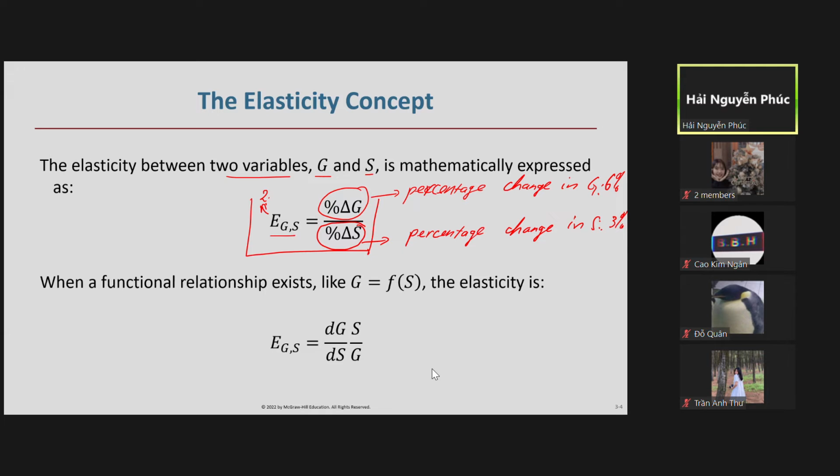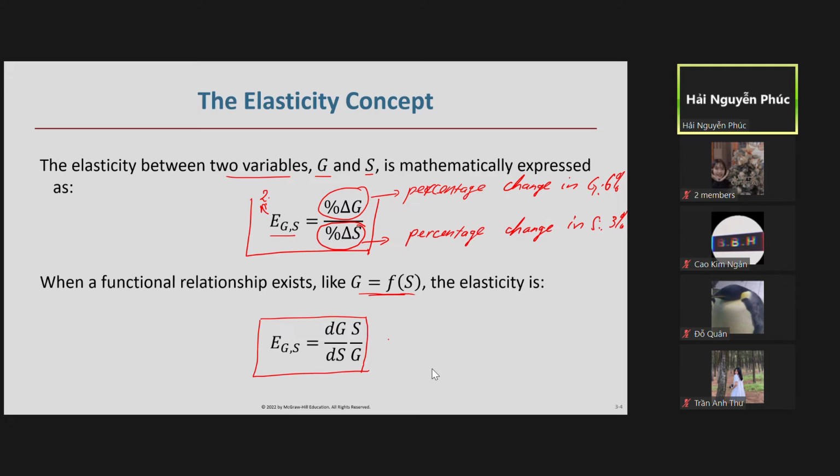If we use calculus, you are going to have this formula for elasticity computation. You can see that it is dG/dS times S divided by G, and dG/dS is the slope of this function.